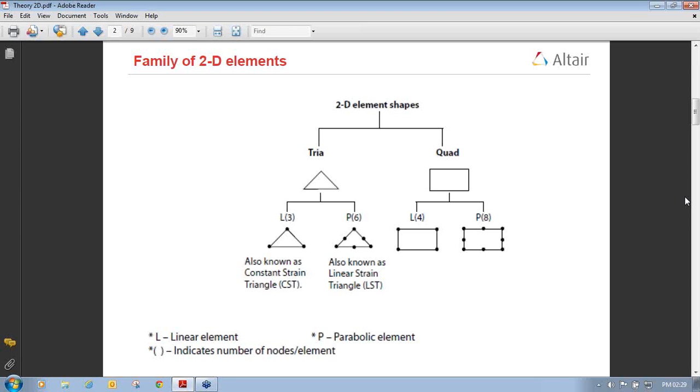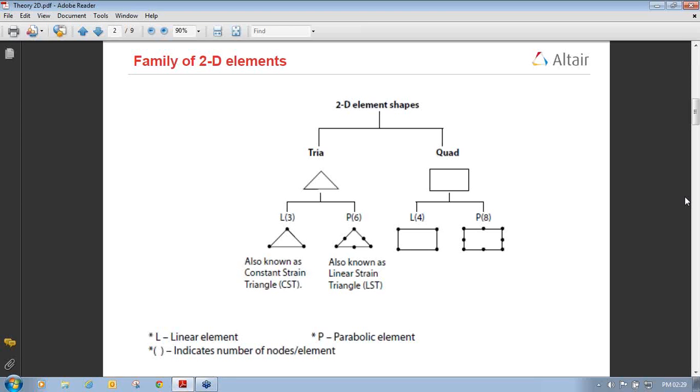The first order, that is a linear tria element, is also known as constant strain triangle element, and the parabolic triangular element, second order triangular element, is also known as linear strain triangle.